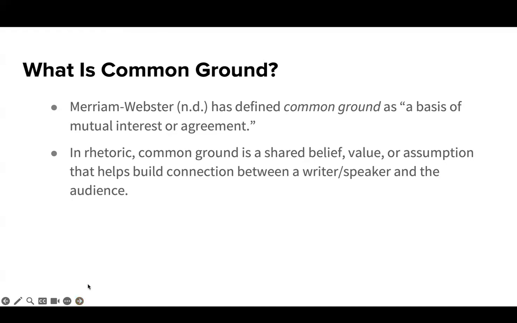Second, in rhetoric, common ground is a shared belief or assumption that helps build connection between a writer or speaker and the audience. Let's go back to the traditional classroom, which that online discussion board emulates.